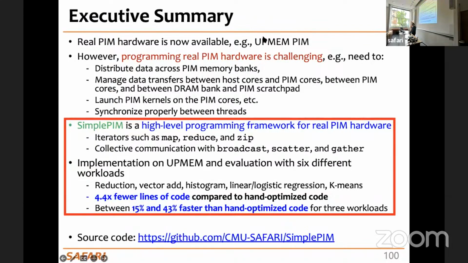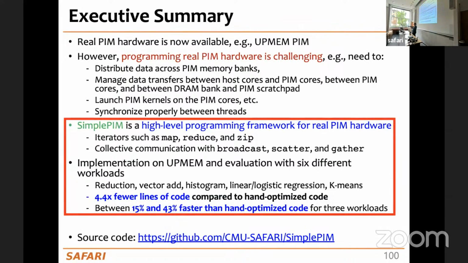So essentially, real PIM hardware is available, as we will see later, but programming is still challenging. You need to distribute data across memory banks, and each bank has a processor next to it. You need to manage data transfers between the host core and the PIM core, between PIM cores themselves, and between the DRAM bank and the PIM scratchpad. These are some UPMEM specific issues. This PIM processor next to the DRAM bank has a scratchpad. It's kind of like a cache.